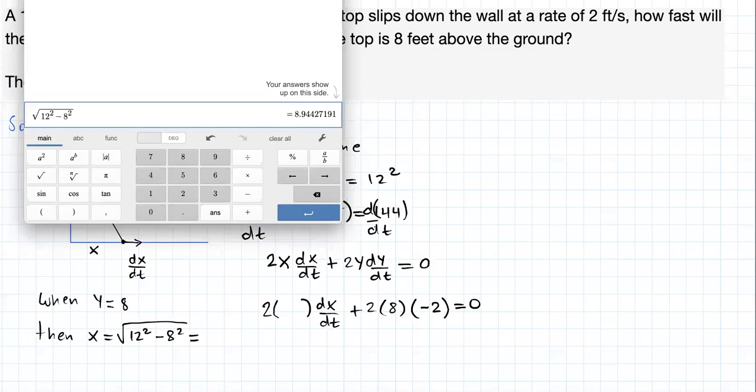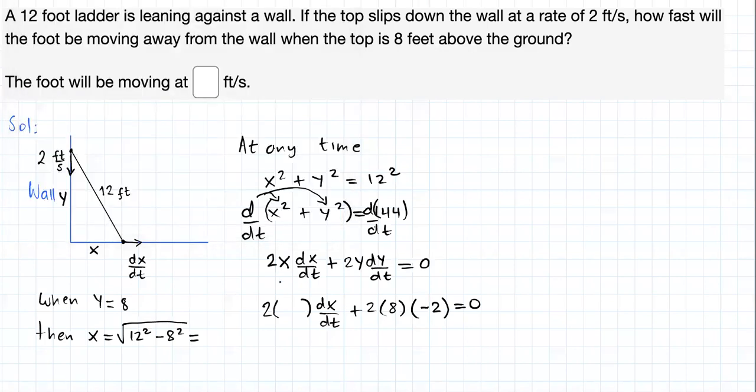So let's write this out. 8.94 here, 8.94. And this is precisely what we're going to place here, 8.94. Good.